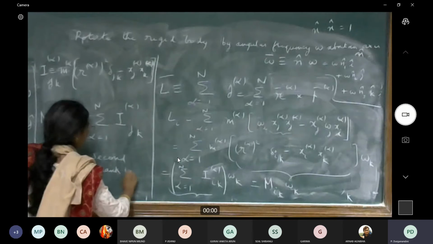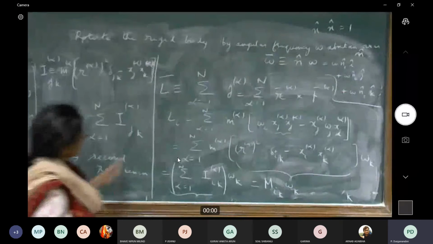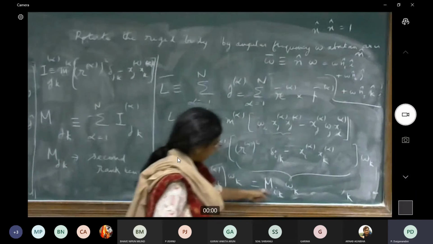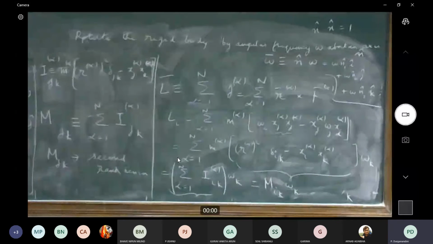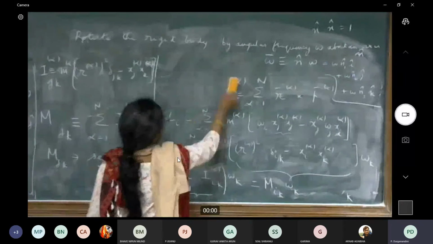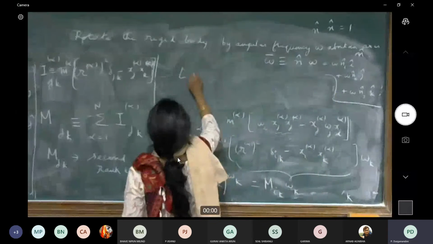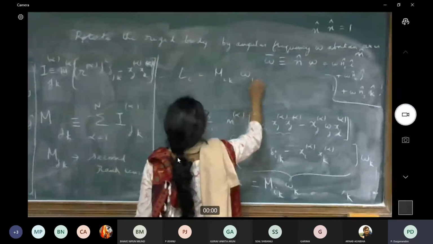And now you can see that the ith component of the angular momentum is simply equal to Mik omega k. So I've got this equation of this form: Li equal to Mik omega k.